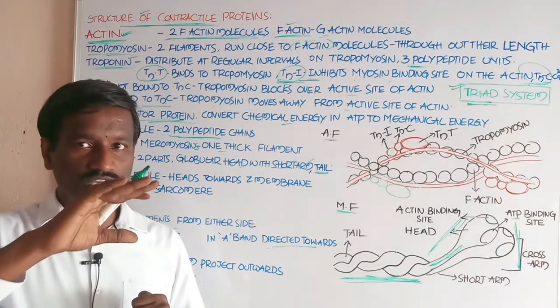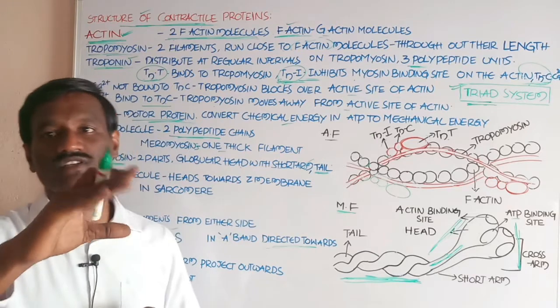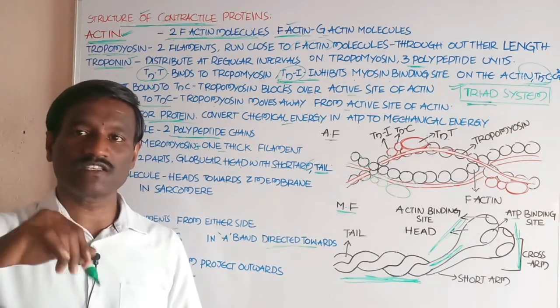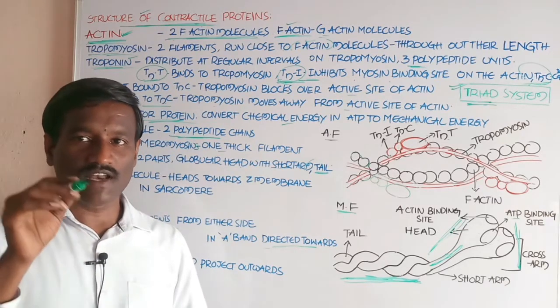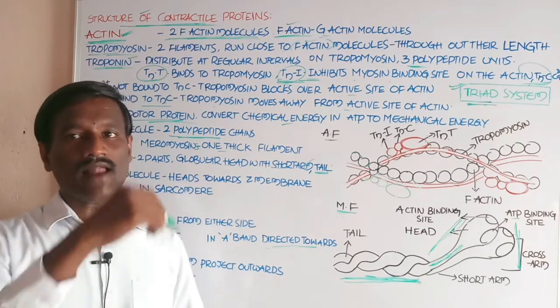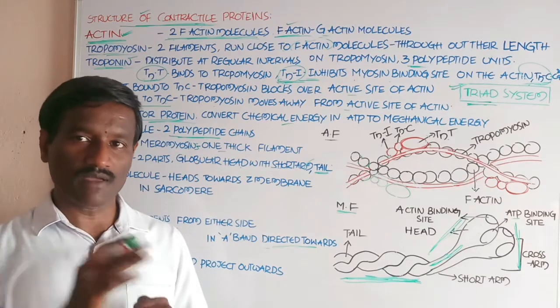Either side of the T-tubules are located the cisterna of the sarcoplasmic reticulum. This entire complex is the triad system. It receives the action potential and also helps in contraction of the muscle fiber.